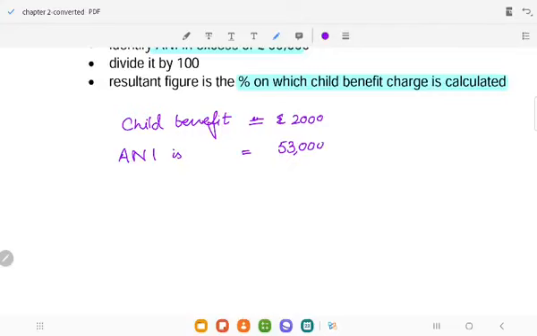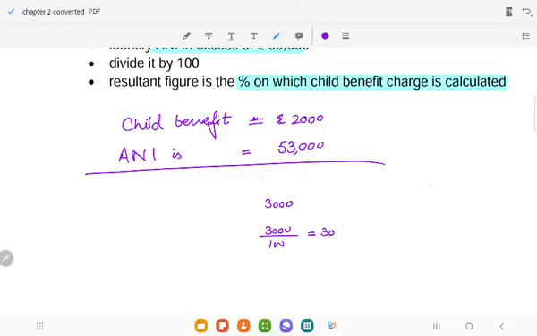We need to find out what amount of child benefit will be taxed. First, we consider the amount of adjusted net income in excess of 50,000, and that is 3,000, right? In the second step, divide this 3,000 by 100 and you will get 30.